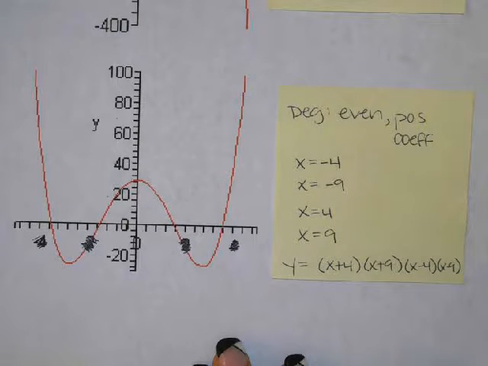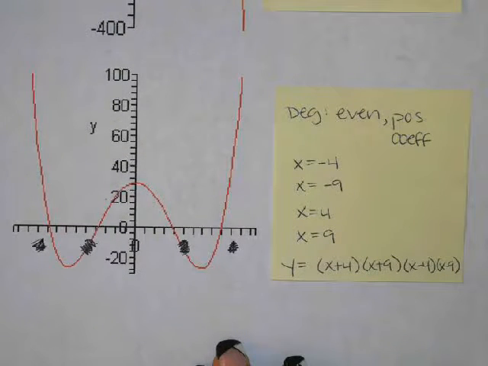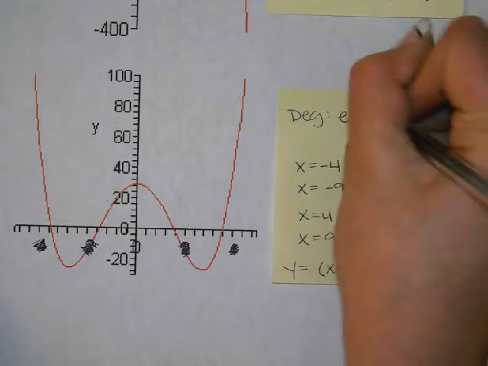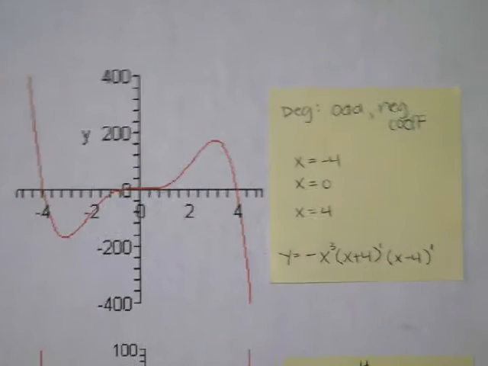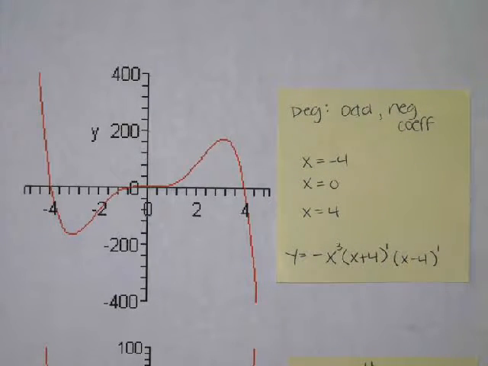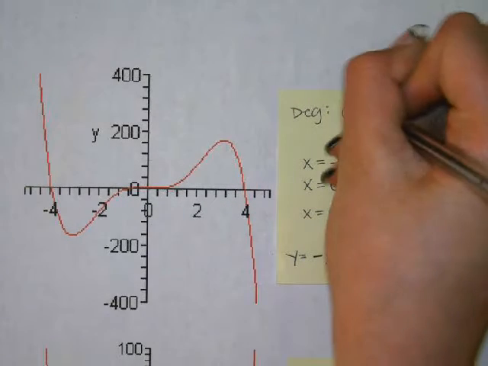Does it need to have a negative in the front? What's the degree of this graph? 5.